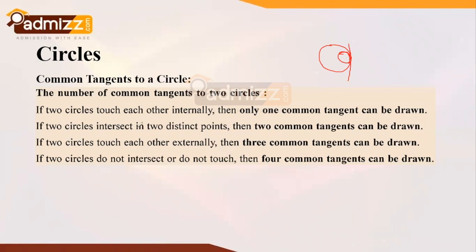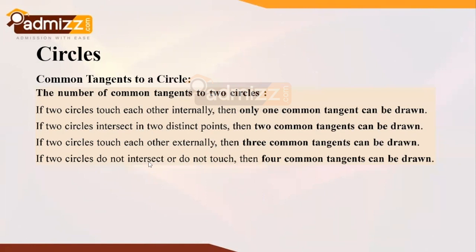Now if two circles intersect in two distinct points, then two common tangents can be drawn. The case can be pictured like this. If the two circles intersect in two distinct points, then two common tangents can be drawn, one like this and another one like this. Now if two circles touch each other externally, then three common tangents can be drawn.